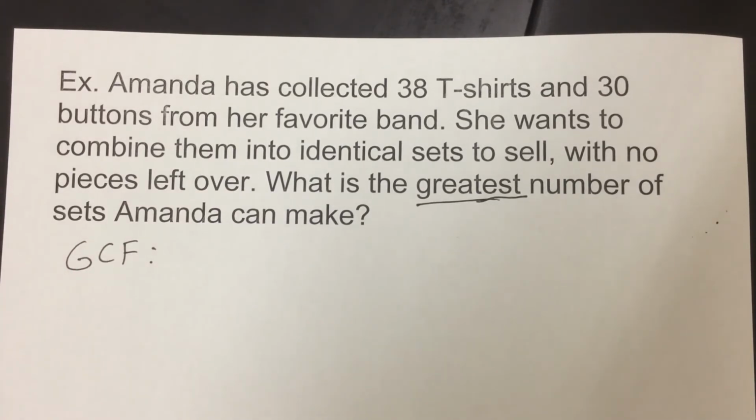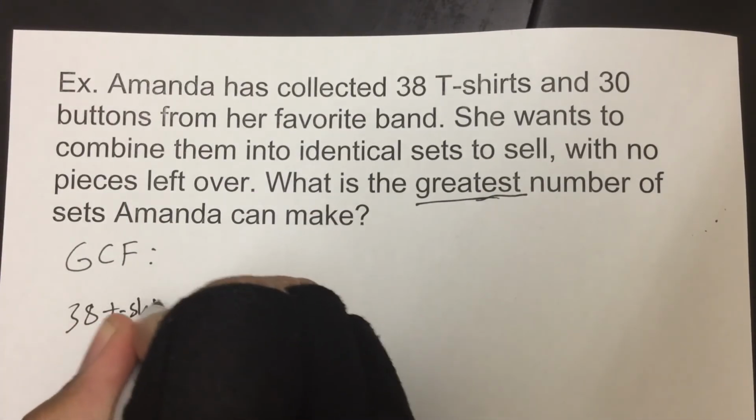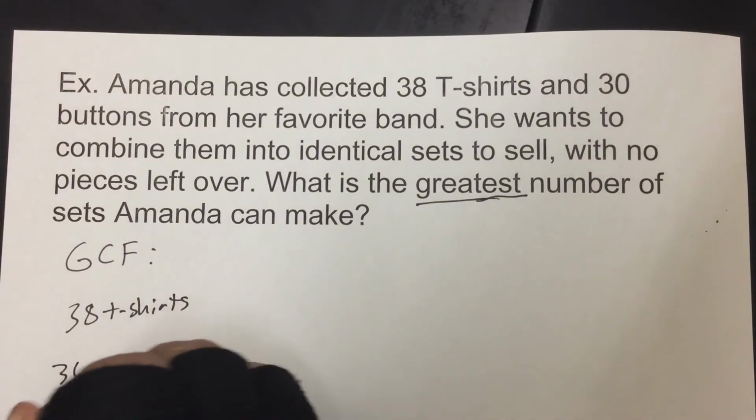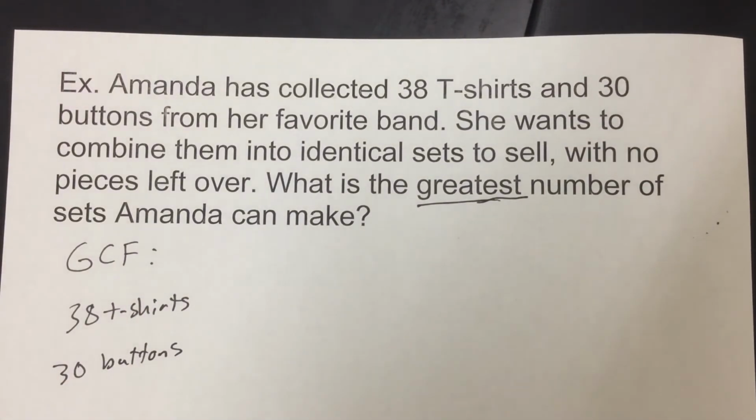So, what do we know? Well, we know we have 38 t-shirts and we have 30 buttons. We need to find the greatest common factor of the 38 and the 30.